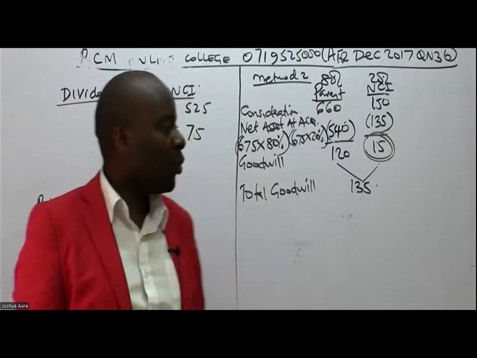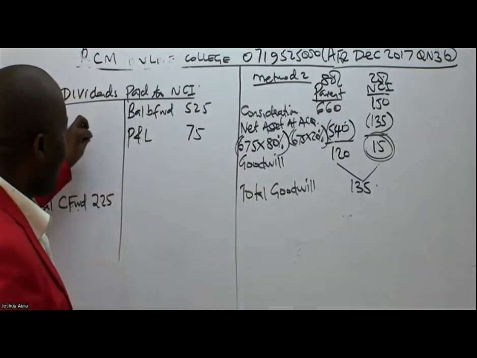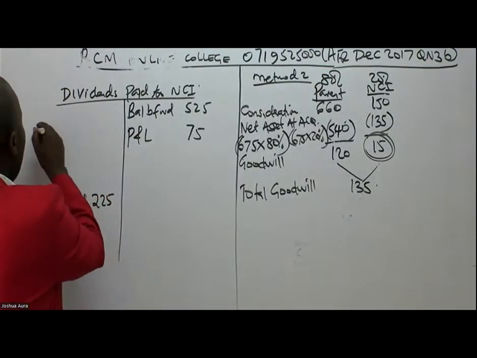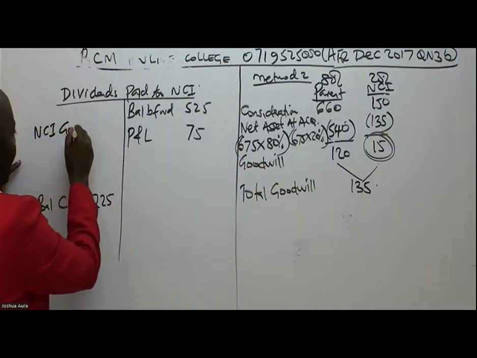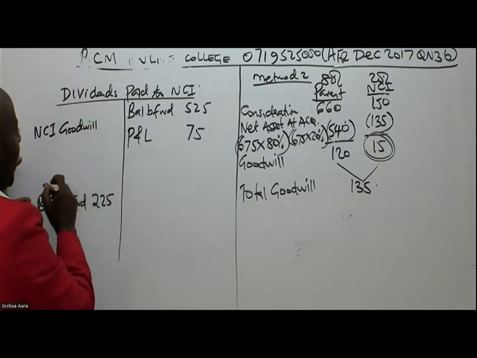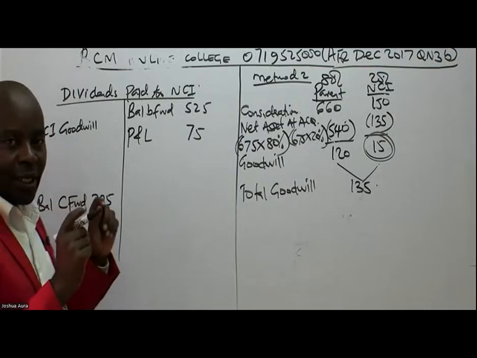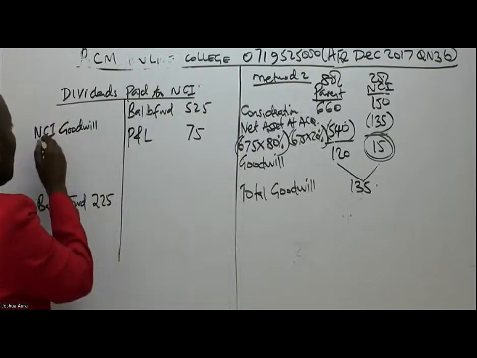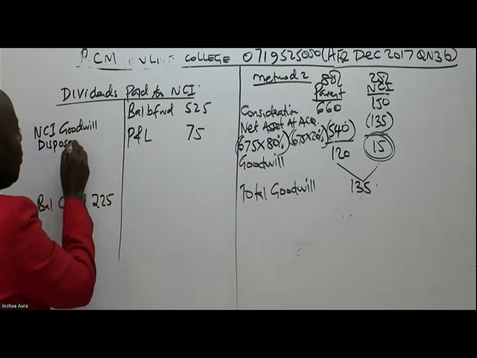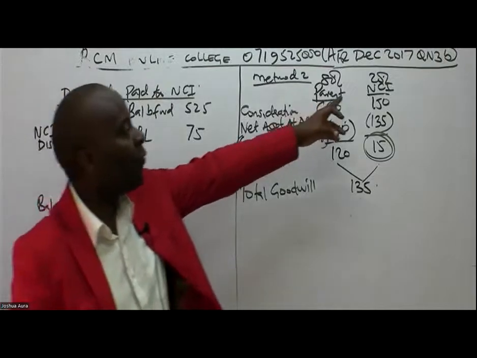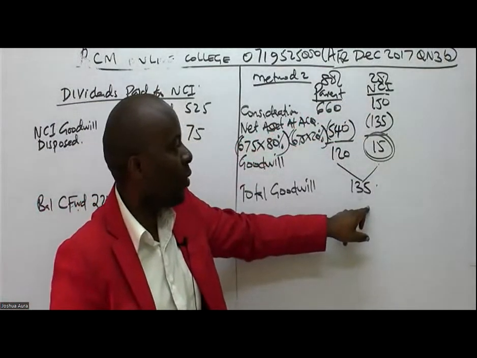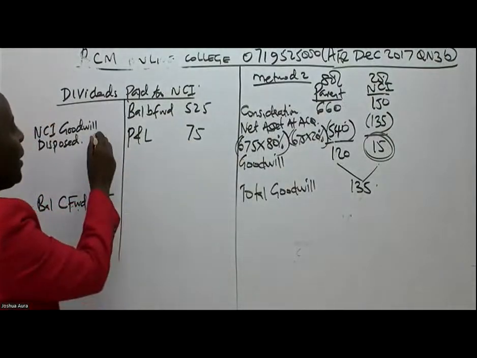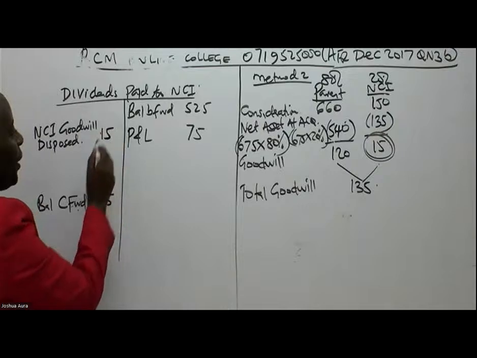So when their account reduces, we debit. So we have NCI's goodwill, which went down because of disposal. So NCI's goodwill disposed. That is what we were doing for NCI alone. So NCI's goodwill is 15 there.